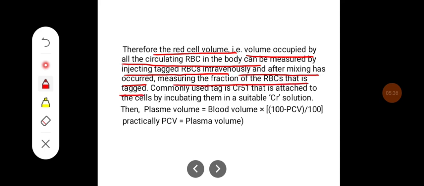A commonly used tag is chromium 51, which is attached to the cells by incubating them with chromium solution. So then plasma volume is equal to blood volume into 100 minus PCV divided by 100.